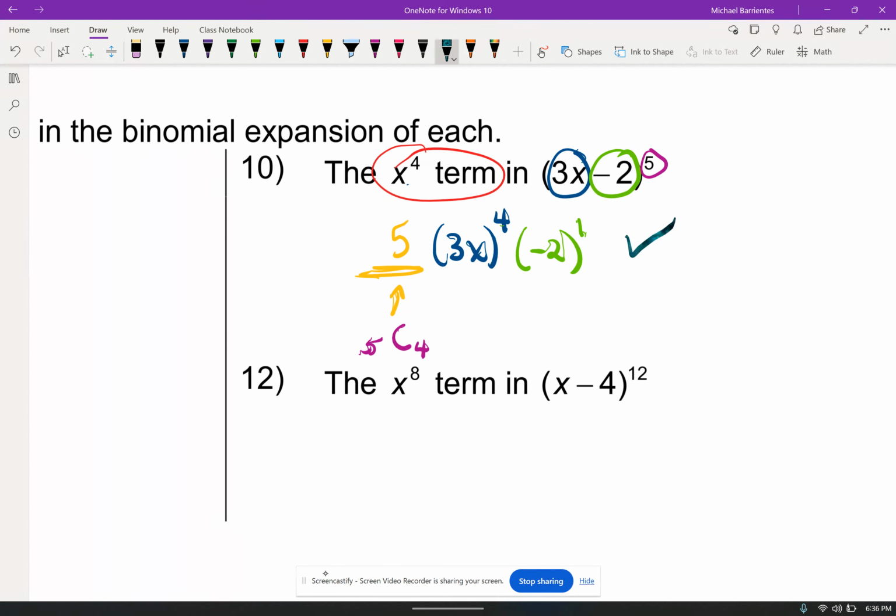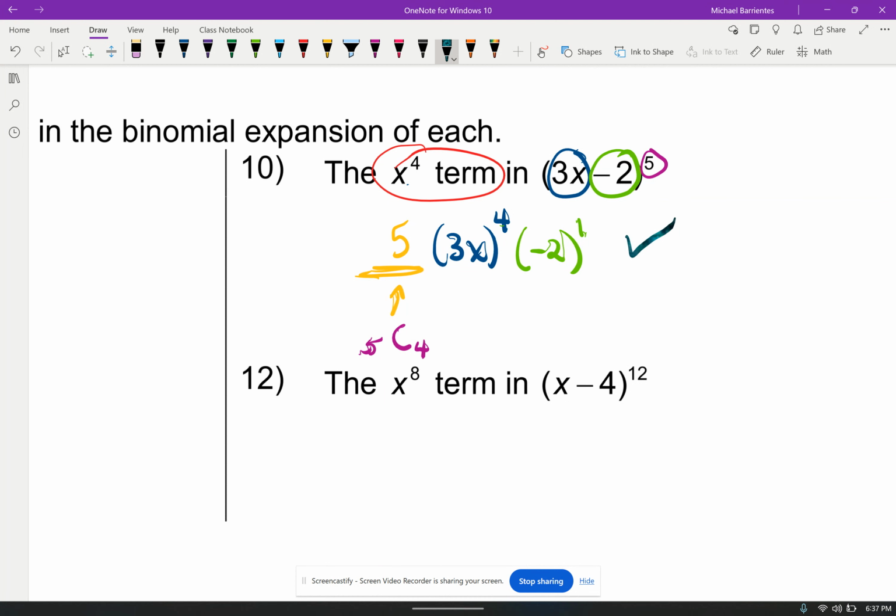Well, out of the two terms, this is the one that has the x, so let me take it to the fourth power. But if this goes to the fourth power, that means the second term has to go to the first, because if you add 4 and 1, that gives you 5. And then to figure out the number that goes in the front, the Pascal's triangle number, I did that 5 choose 4, and I put it in there.